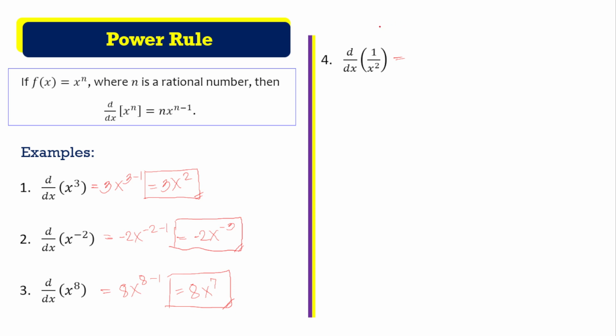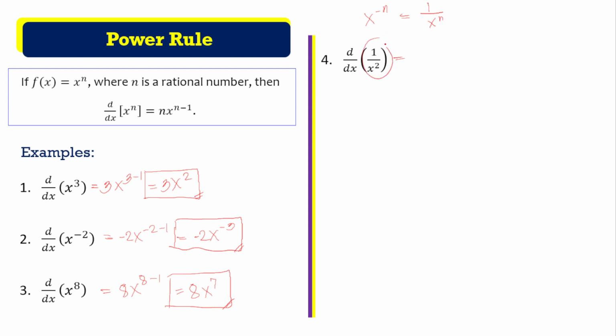Now recall the property of exponents: if you have x raised to negative n, you just add a numerator of 1, and the denominator will be your original expression, but the exponent negative n becomes positive, so x raised to n. That's how you make the exponent negative to positive. So instead of x raised to negative n, you will have 1 over x raised to n.